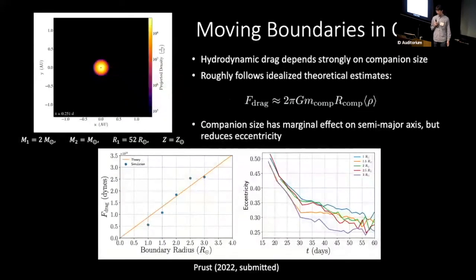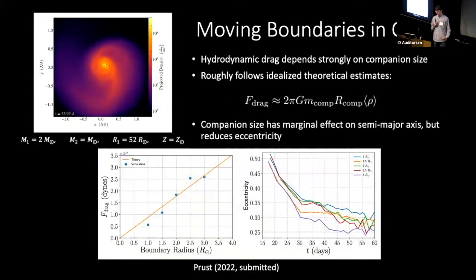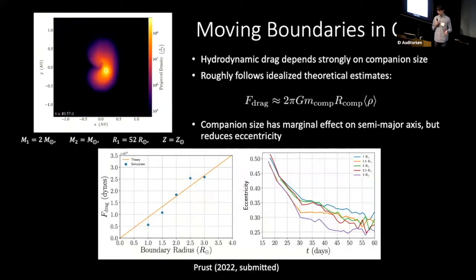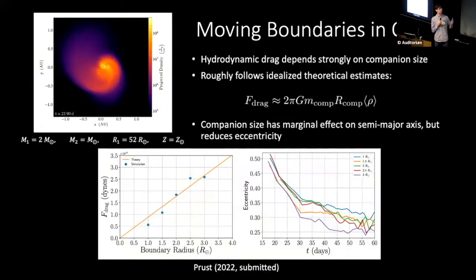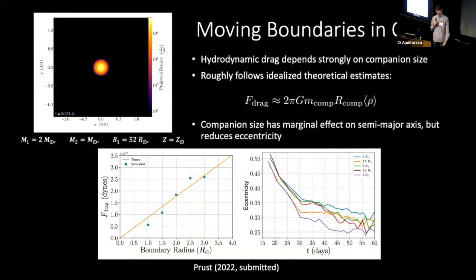All right. And what we find when we apply this to common envelope evolution is that you find an additional drag due to the finite size of the companion object, since it's not just a point particle anymore. We've run simulations with several different sizes for the companion, and we find that, as you would expect, the drag increases as the size of the companion increases.